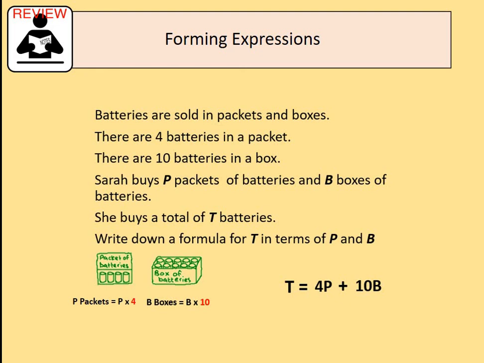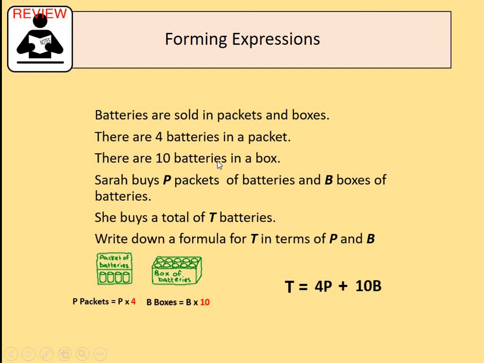But if she had bought, say, 2 packets, we know that she would end up with 8 batteries because we'd do 2 times 4. If she'd bought 3 boxes, we know she would have bought 30 batteries because we would do 3 times 10. We don't know how many packets or boxes she's buying, so for packets we're going to do P times 4, which is 4P.